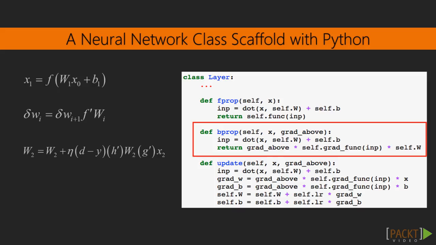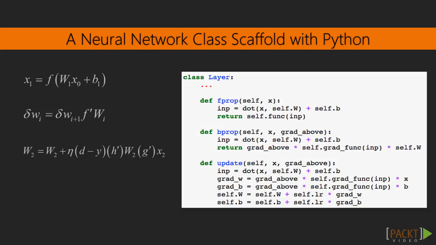There is the backpropagation method that gets the input and the gradients coming from the layer above. This implements the general equation that we mentioned in the bottom of the previous slide. And here, finally, we have the update method that uses the gradients to adapt the layer weights and bias.